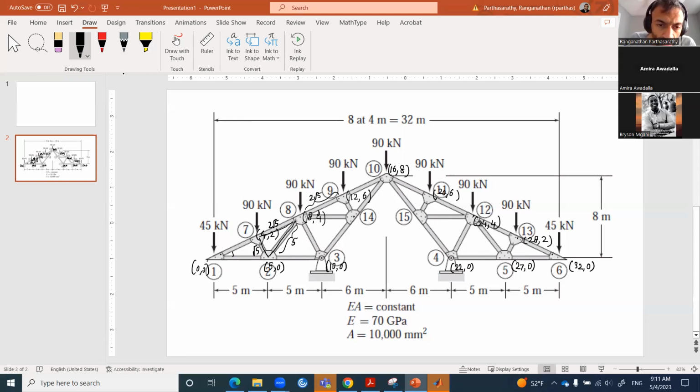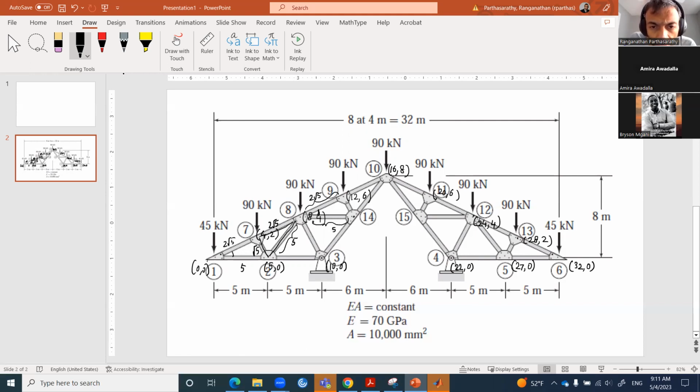So this angle is 2 root 5. This is 5. This is root 5. Okay. So this angle we know. So this is hypotenuse and this is adjacent. This is adjacent. This is hypotenuse. So this length has to be 5.